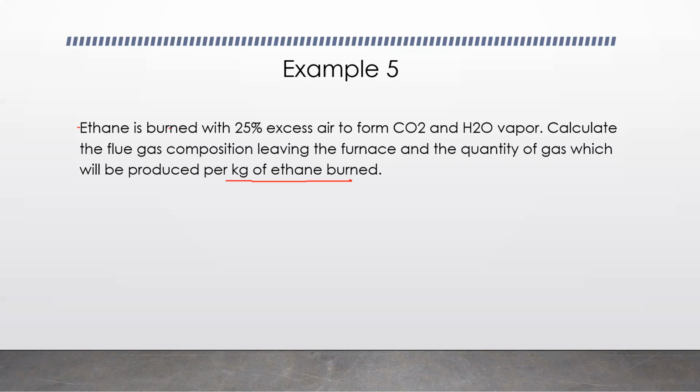So we go on with the question. Here it is given that we have to calculate per kg of ethane burned, so we take the basis as 1 kg. It doesn't matter if we take 1 kilomole or 1 kg. So 1 kg of ethane is our basis.